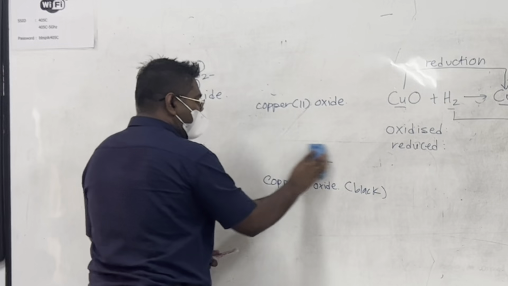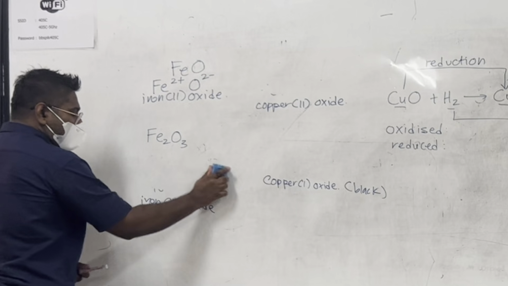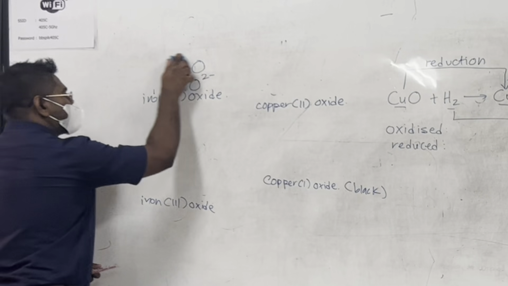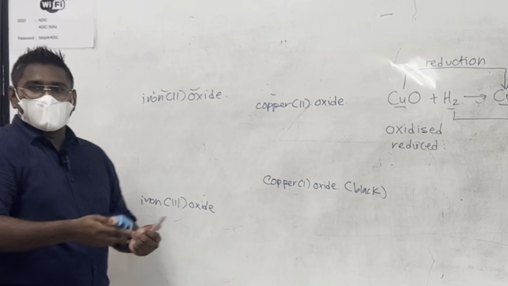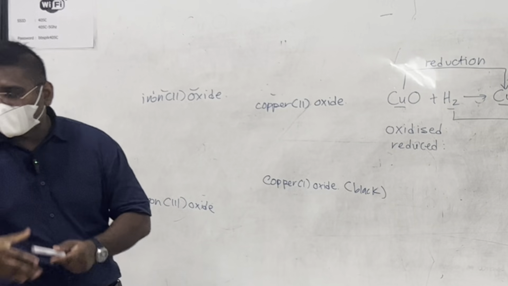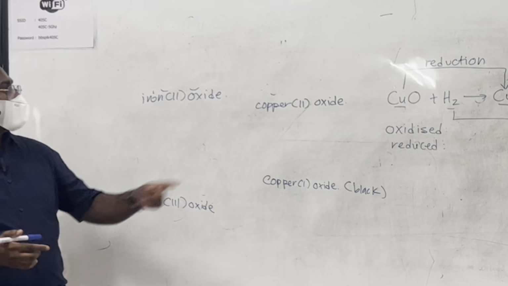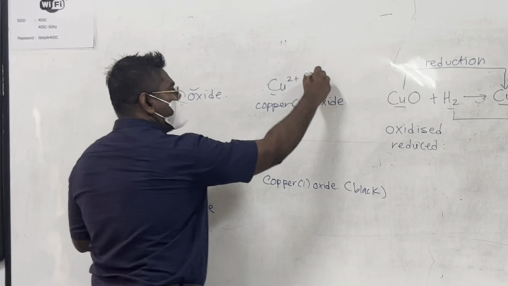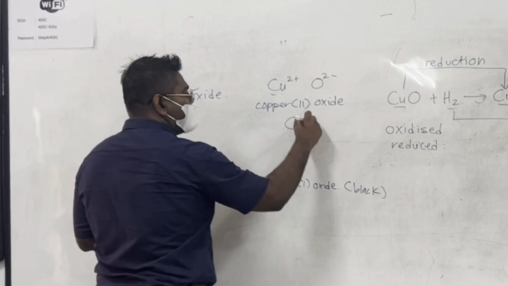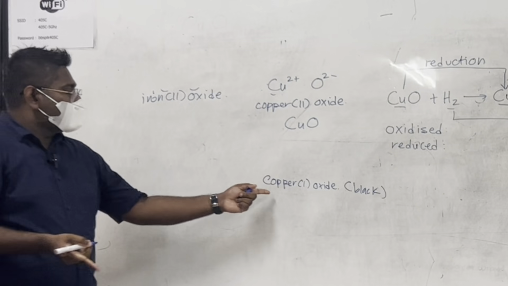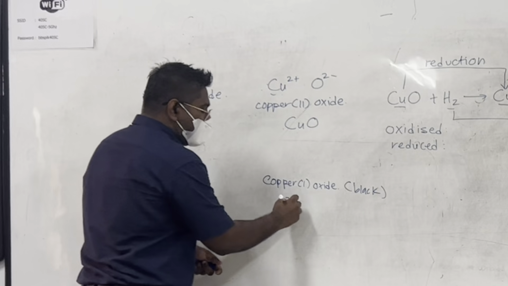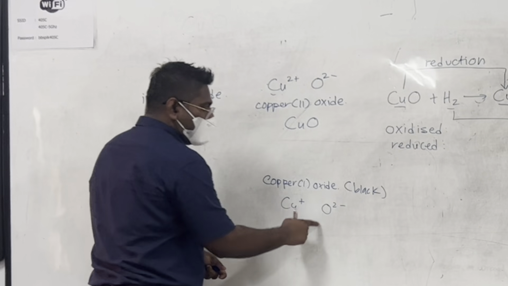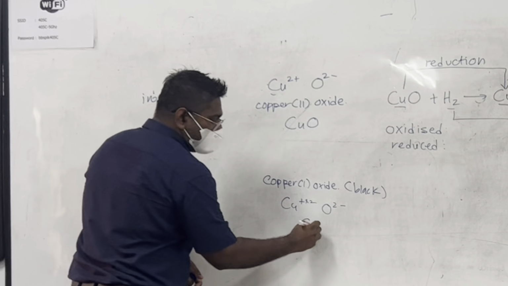If I erase this, I should be able to write the formula. Copper 2 oxide: Cu2+, oxygen is 2-, so CuO. Copper 1 oxide: Cu+, 2-, I must multiply by 2, Cu2O.